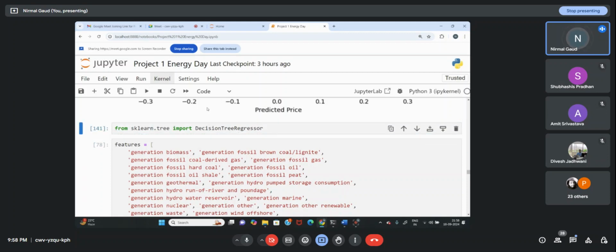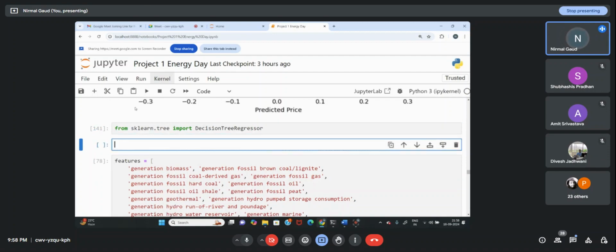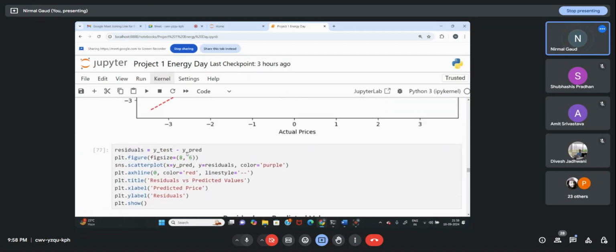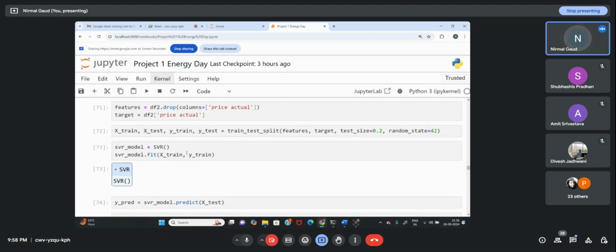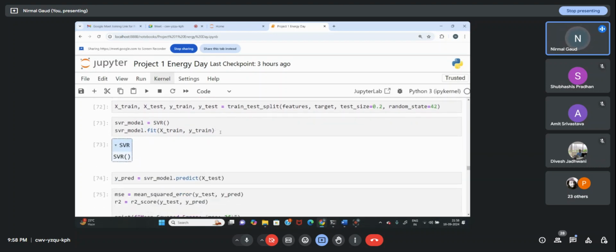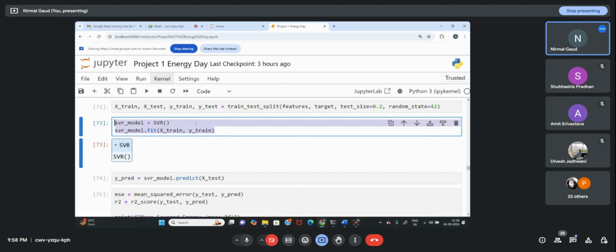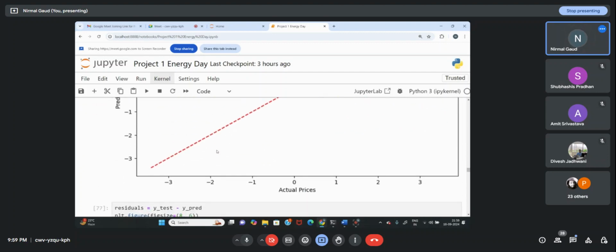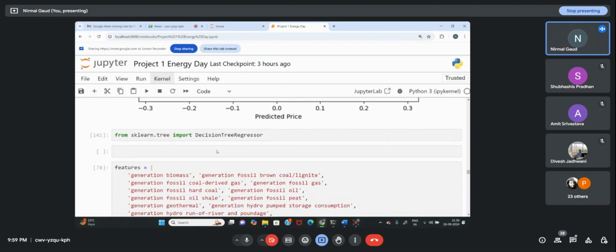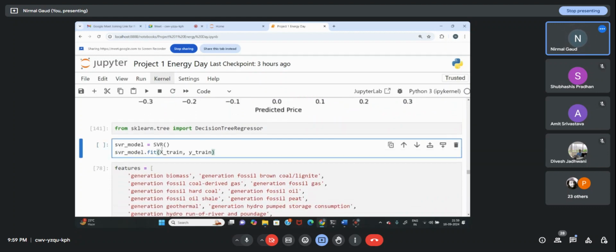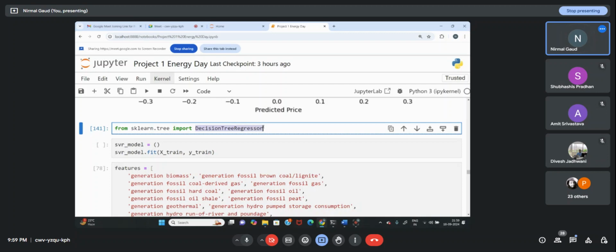What you can do next is take the code which you have used above for SVR, with the X train and the Y train. Control C, you can put it here. Instead of SVR, you have to write DecisionTreeRegressor.